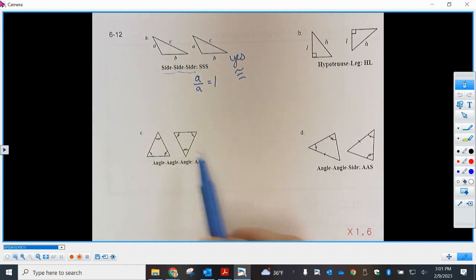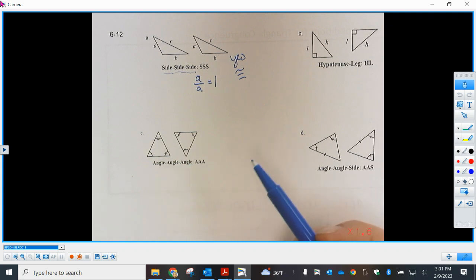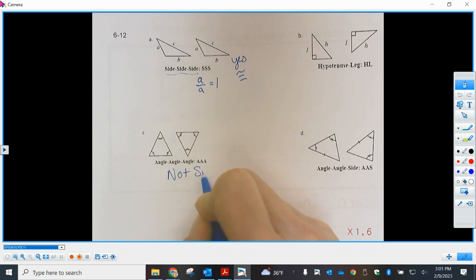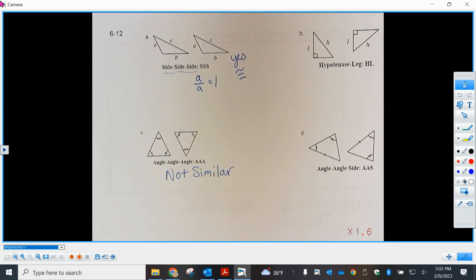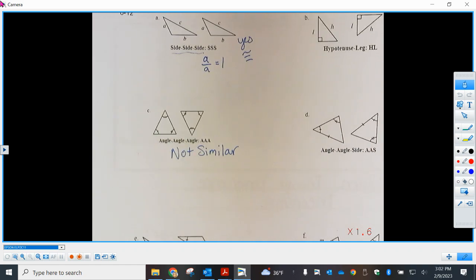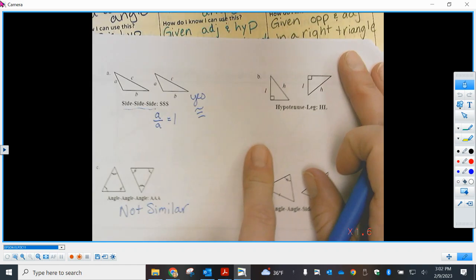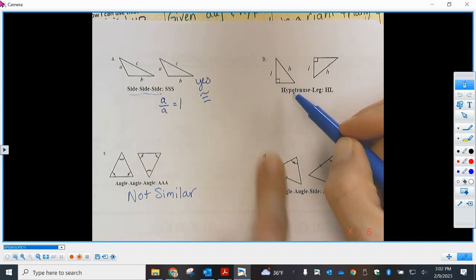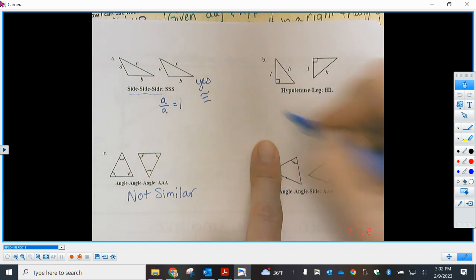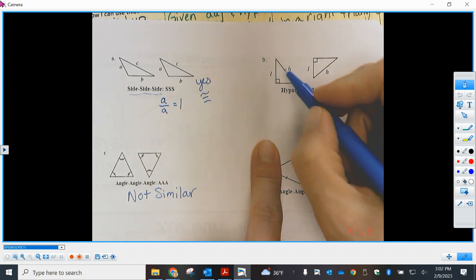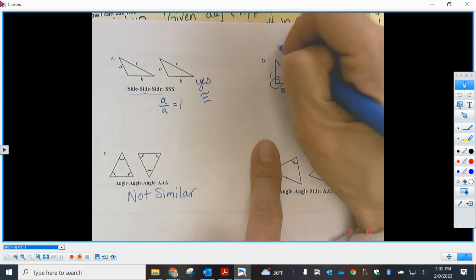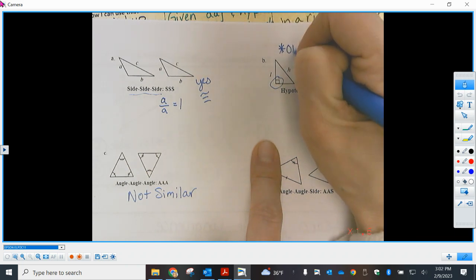Angle, angle, angle. If we have three angles, do they have to be similar? They don't have to be similar, so they're not even similar. This is hypotenuse leg, which is kind of tricky, but it's a Pythagorean theorem problem. It's a special triangle, a right triangle only.